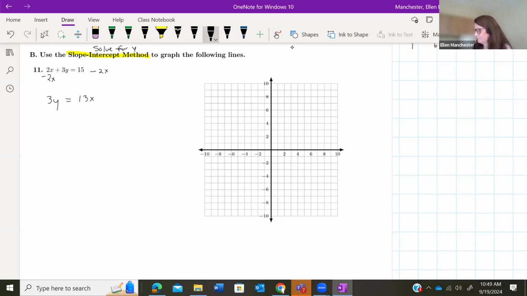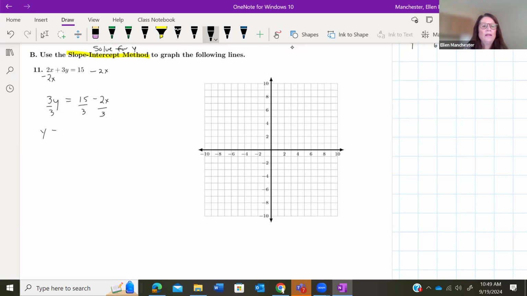What did I just do? And why can't I do that? Because they're unlike terms. Good. So be aware of that. You can't add unlike terms. So we have 15 minus 2x. They're two completely different things. And then I'm going to divide both sides by 3.